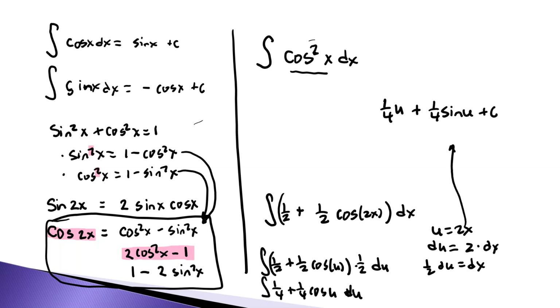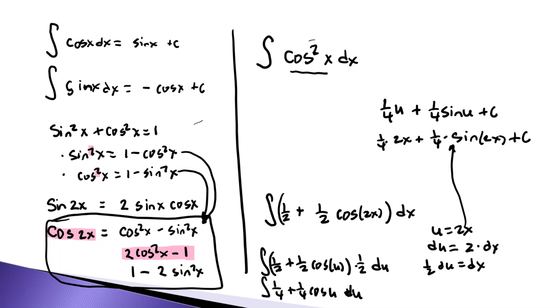And again, I come back and I get 1/4 times 2x plus 1/4 times sine of 2x plus c. And there's my answer for that.